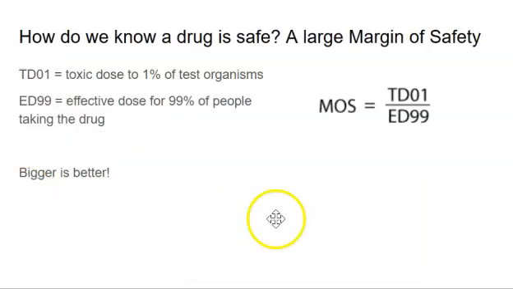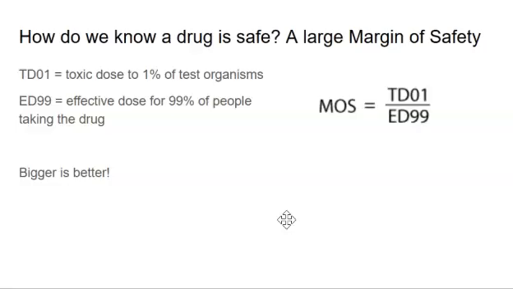This is related to the idea of margin of safety, but instead of using data taken where you were looking at the 50% of your test animal population, you're looking for something a little bit more subtle. So here we can determine what's called a margin of safety by determining the toxic dose for 1% of the test animals.